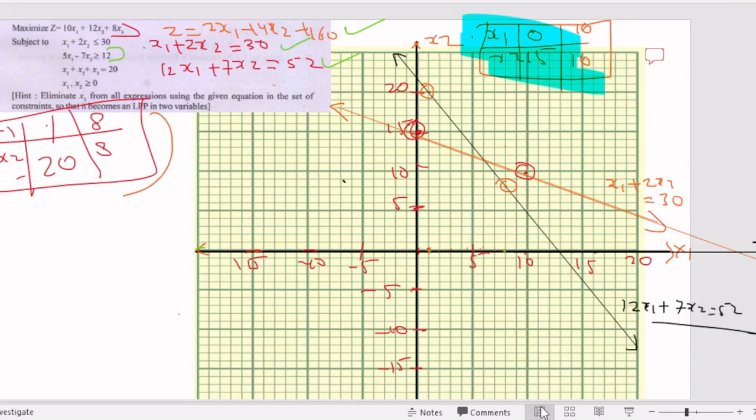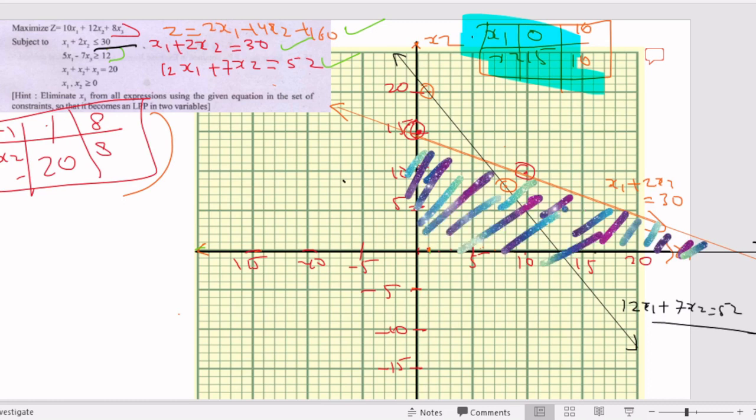Now the main thing, find the feasible region. When I say feasible region, check this: x1 plus 2x2 less than or equal to 30. I told you multiple times, on this particular line, less than or equal to 30 means it should be below this one, all this.